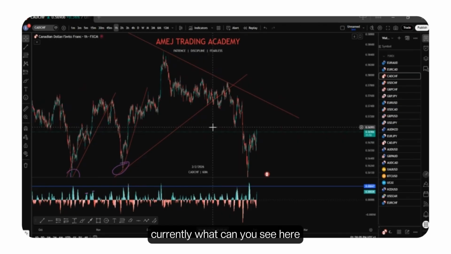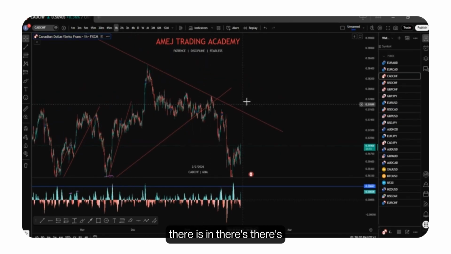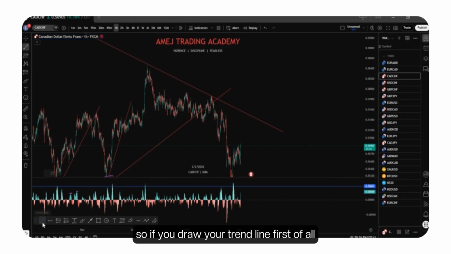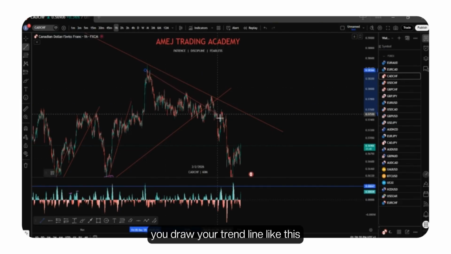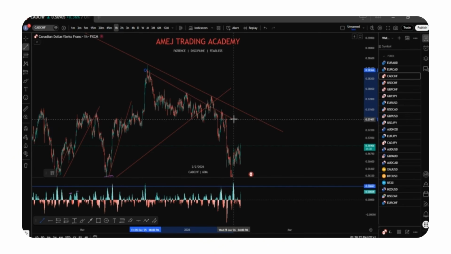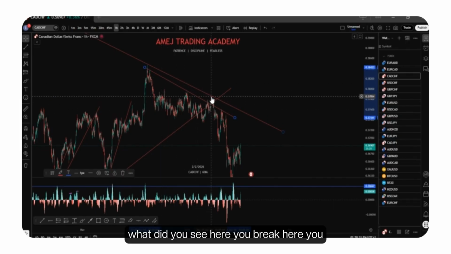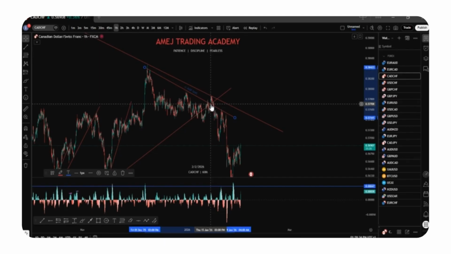Currently, what can you see here? There is a trend going down already from here. So if you draw your trend line, first of all, you draw your trend line like this. The market comes and breaks this trend line, it goes off. What did you see here? It breaks here, it gets to this spot.